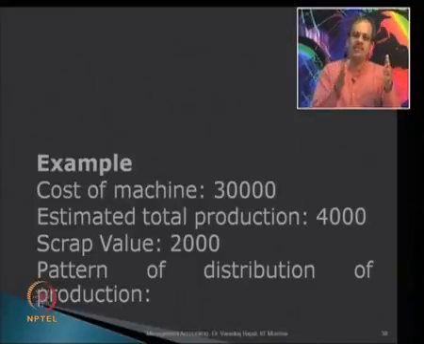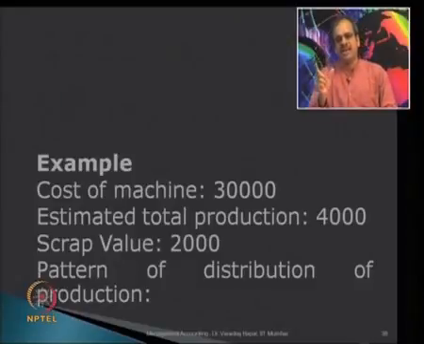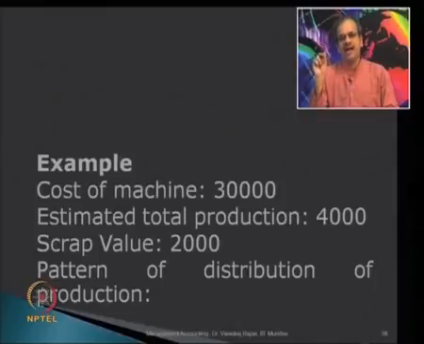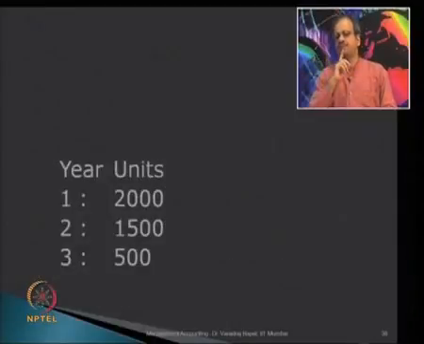You will realize that the depreciable amount is 30,000 minus 2,000, that means 28,000 is to be depreciated over a life, and the total estimated production is around 4,000. So, 28 upon 4, so 7 rupees per unit becomes the depreciation of the machine.